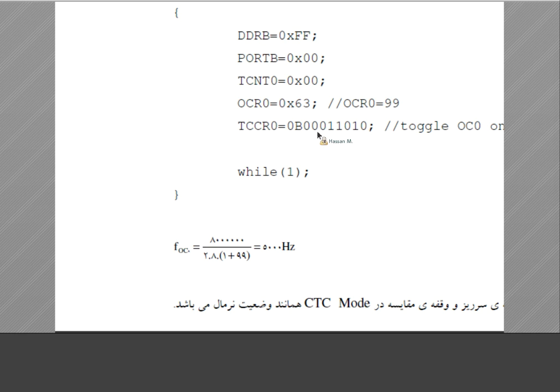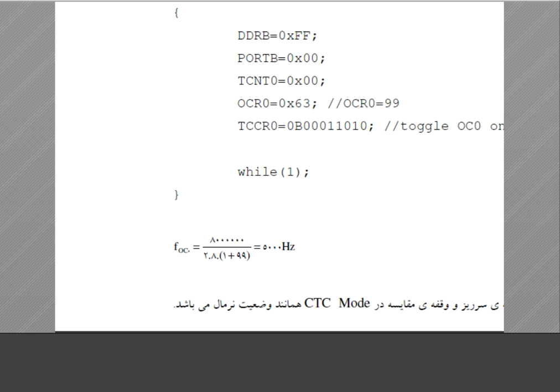But here our timer is set as working in CTC. It is active and counting from 0 to 99, and after it OC is toggling, another one from 0 to 99. OC is toggling, and we see on our OC0 a clock cycle.